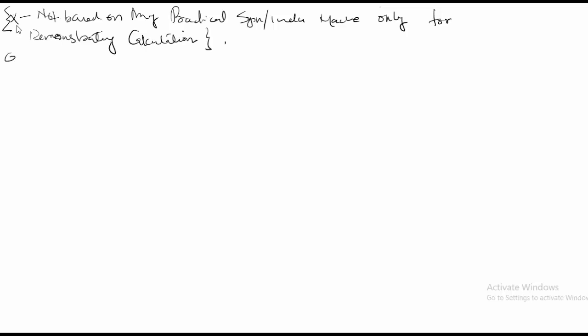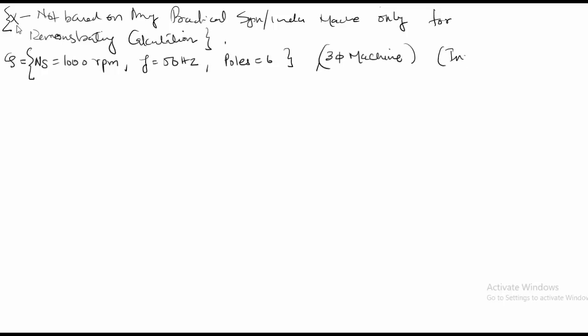So the question is, the machine has a synchronous speed of 1000 rpm. The details are given here: the frequency is equal to 50 Hz, the number of poles is equal to 6, and this is a three-phase induction motor.